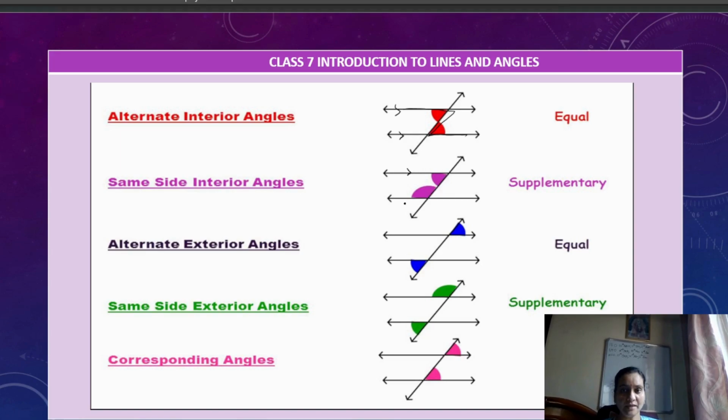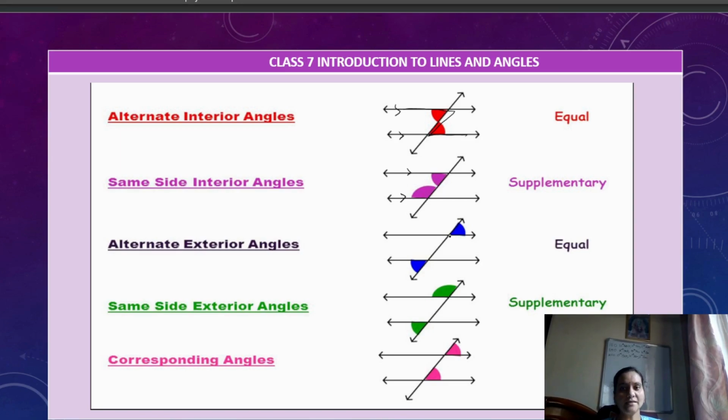They are supplementary when the set of lines which are cut by the transversal are parallel to each other, provided this is the major condition, that this pair of lines should be parallel. Then these same side interior angles, co-interior angles, however you want to say, are supplementary.